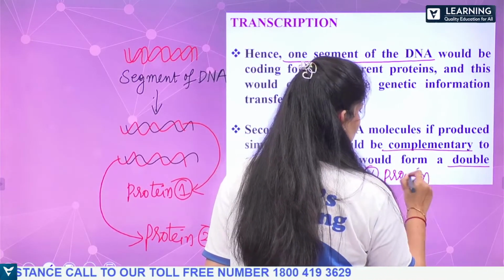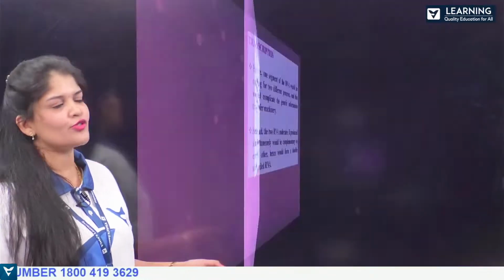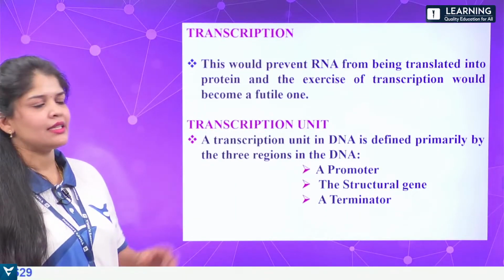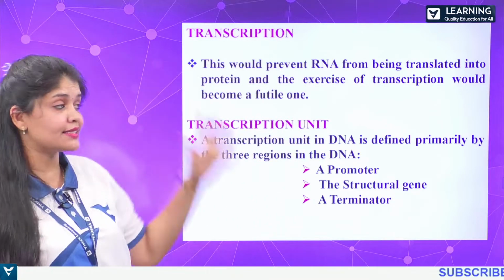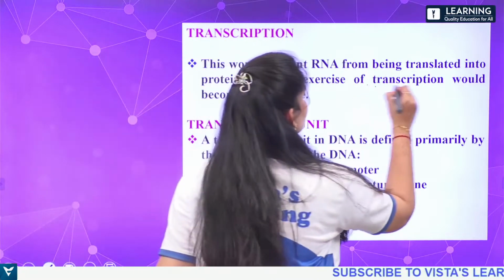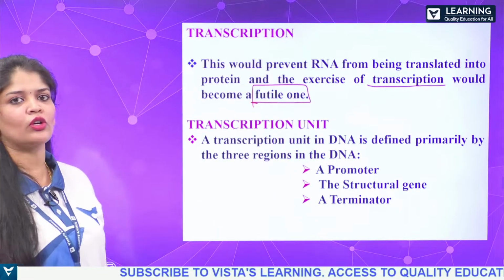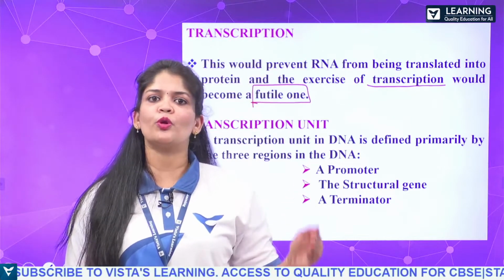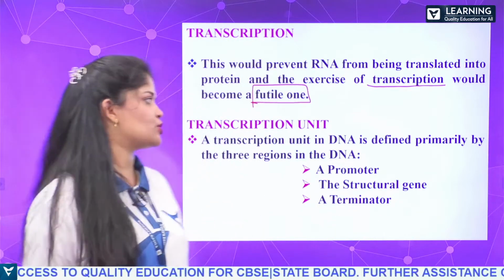If the protein is not going to be synthesized, then the entire process is not useful. So this would prevent the RNA from being translated into protein, and the exercise of transcription would become futile, because it is not ending up with a useful protein, but instead no protein synthesis happens.